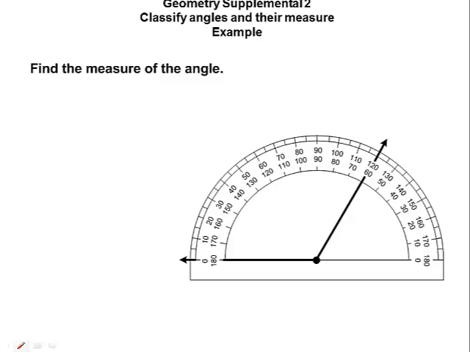Another quick check, if you were to look at that and you would say, oh, 60, then look at the size of the angle. If it's bigger than straight up and down, then you know it has to be bigger than 90. So then you could say, wait, that's too big to be 60, that must be 120. So these are just ways to catch yourself. So this one is 120 degrees, always degrees.